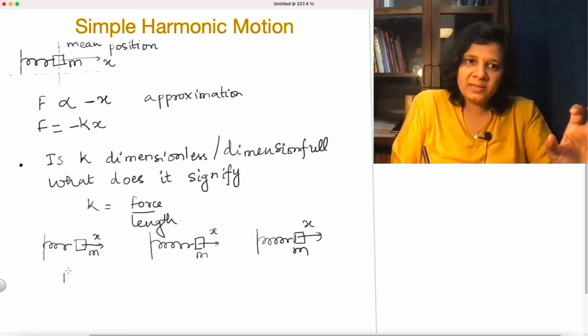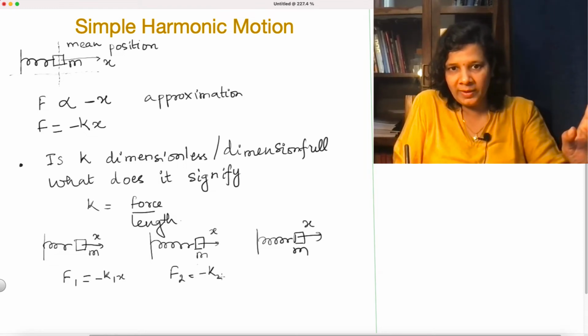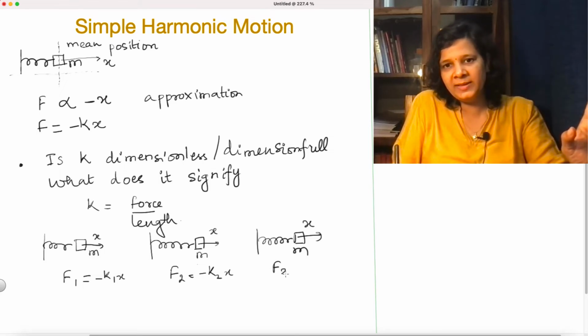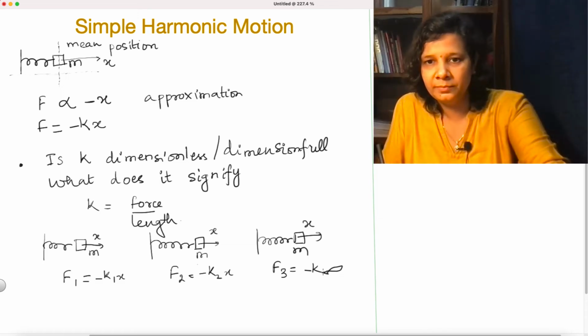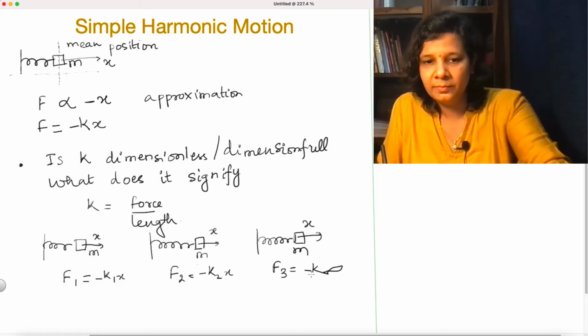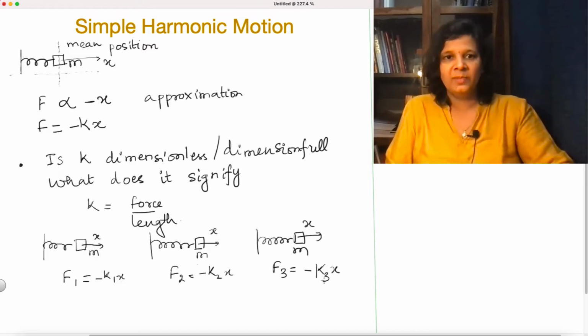This mass will experience F1, which is equal to minus k1x. This will experience F2, equal to minus k2x. And this will experience F3, equal to minus k3x.